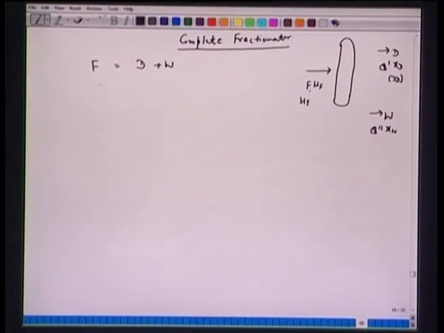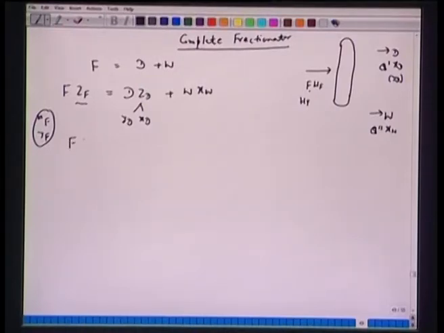So, we are writing F equals D plus W, F ZF. Again we use this nomenclature ZF to say that this could be total liquid, XF, or this could be YF, or this could be a combination of liquid plus vapor mixture. So, F ZF equals D ZD, again ZD is either YD or XD, plus W XW.